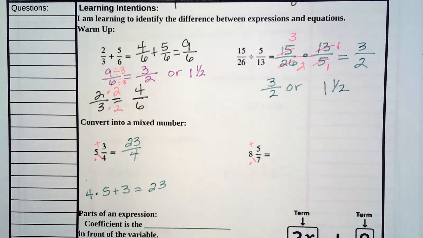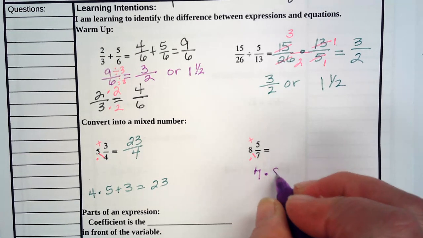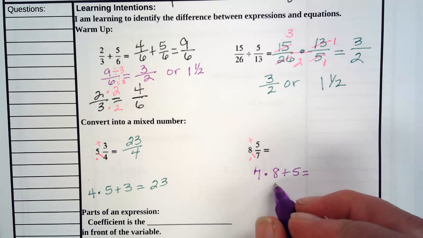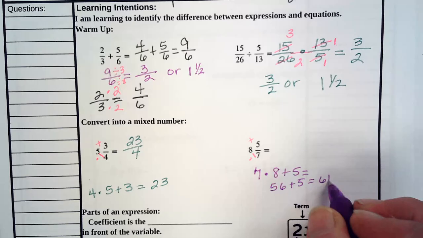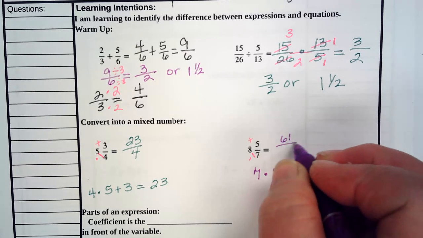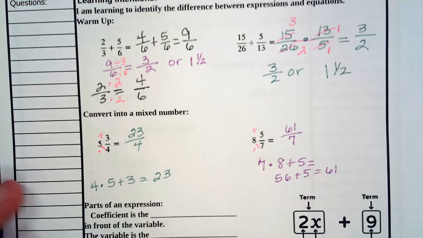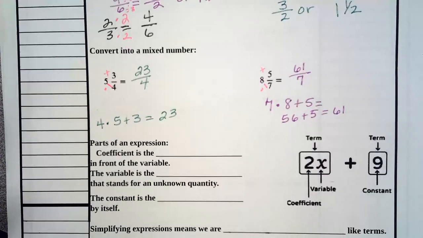Multiply and then add. 7 times 8 plus 5. 7 times 8 is 56, plus 5 is 61. And you're done. So we'll continue to work more on converting, and we'll continue to work more on addition and subtraction of fractions.